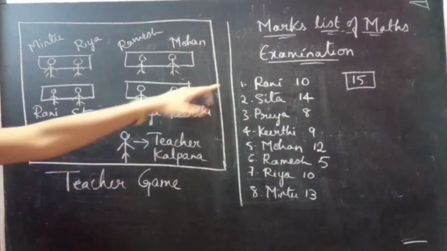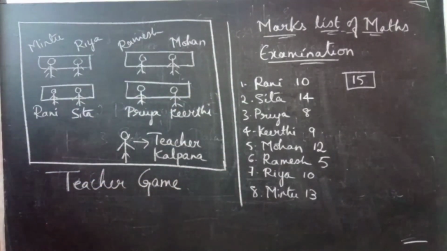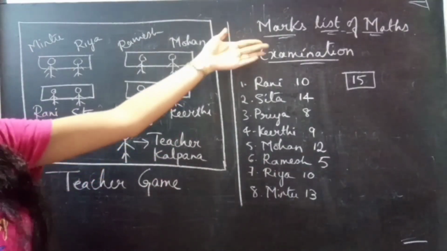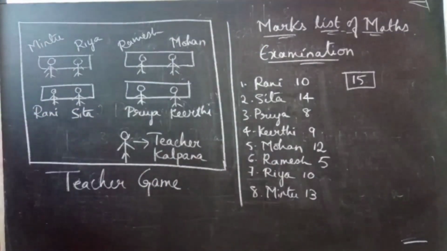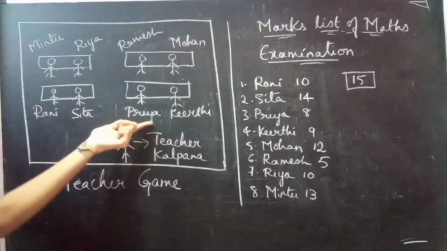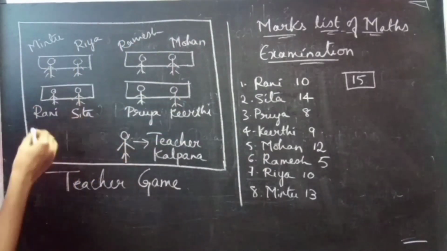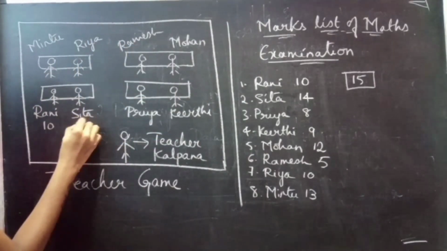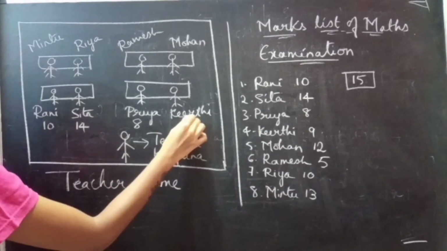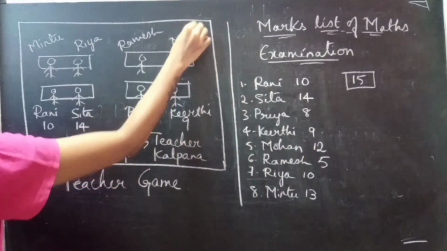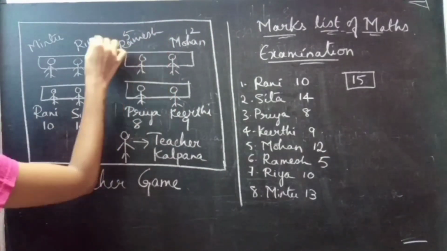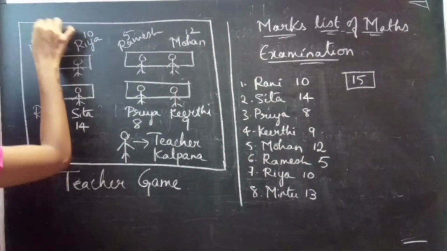The list of marks scored in the maths examination, out of 15, by 8 students are: Rani 10, Sita 14, Priya 8, Kirti 9, Mohan 12, Ramesh 5, Riya 10, Mintu 13.